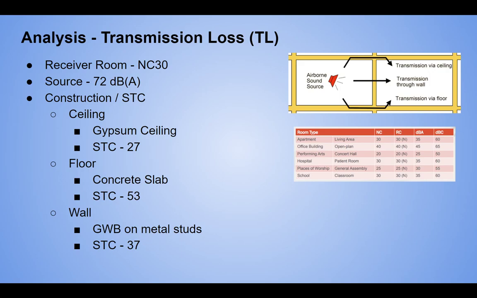So we're just going to use 72 dBA, and we're going to use these single number descriptors to get us within the realm, orders of magnitude, to see where we're at with either the design, the problem, the upgrade, the modification that we're doing to this space.